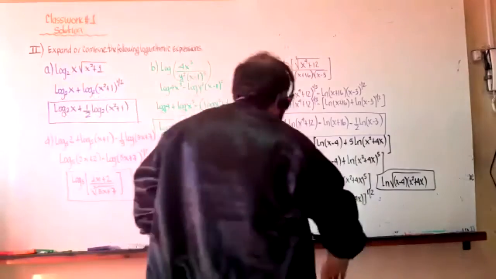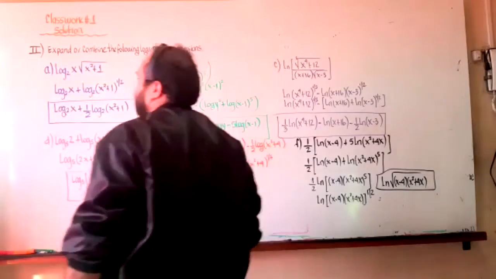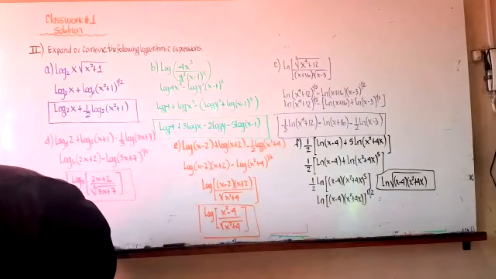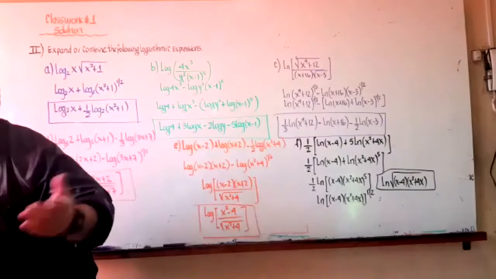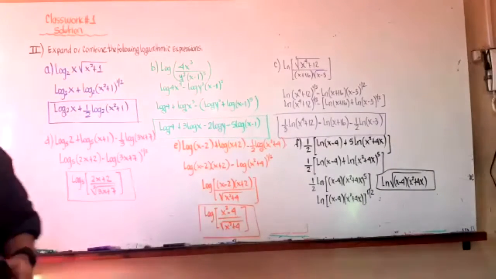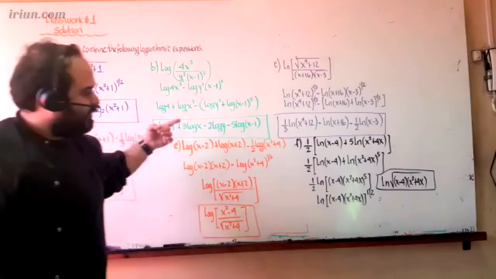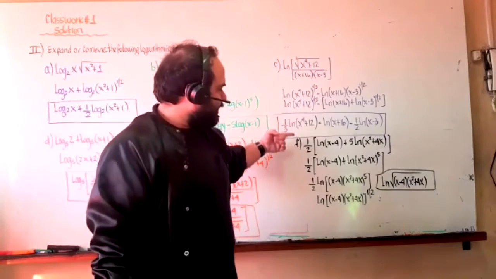Now let's begin with the first part. Before you erase the board, I do have a question. Where did the exponent on the last one go, the 5? In F, the black one.